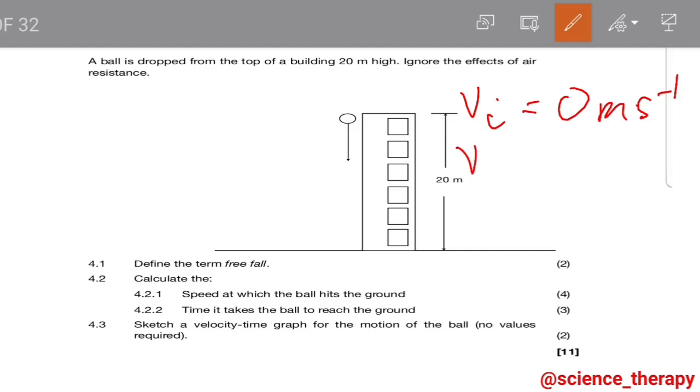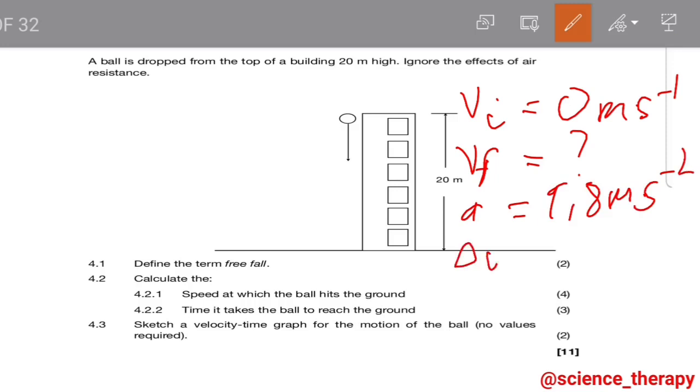Then Vf, and we are looking for Vf. Then our a, remember now it is dropped, we take downward as positive. When it is dropped, it goes down. So our a is positive 9.8 meters per second squared, and then we are also given the change in y, which is 20 meters.